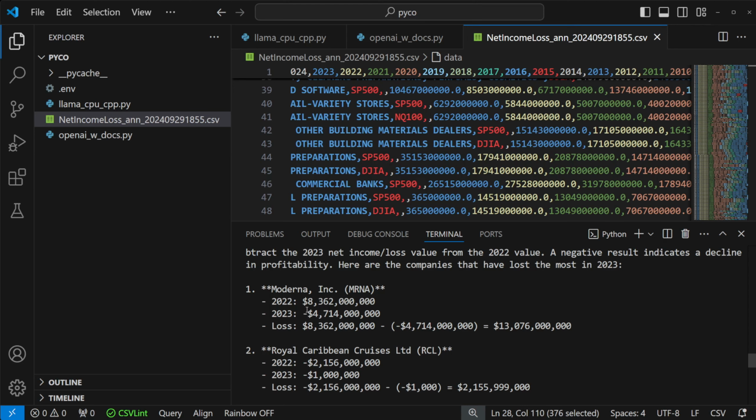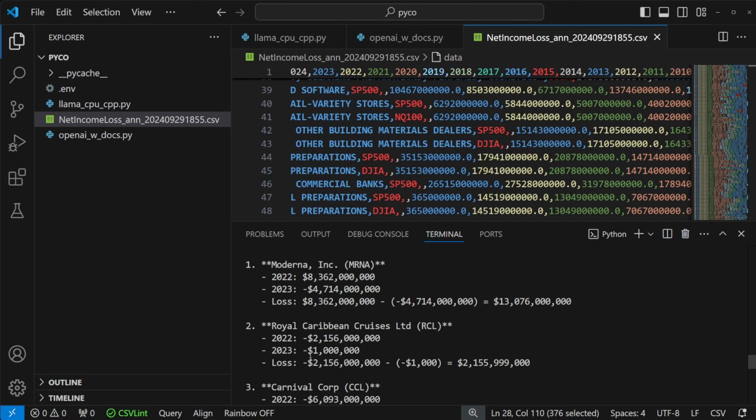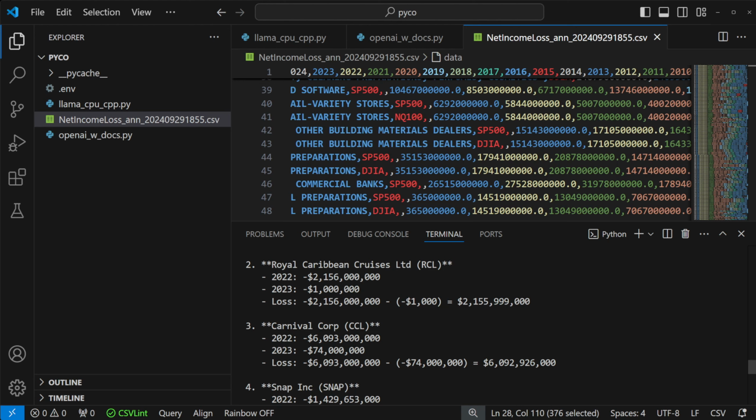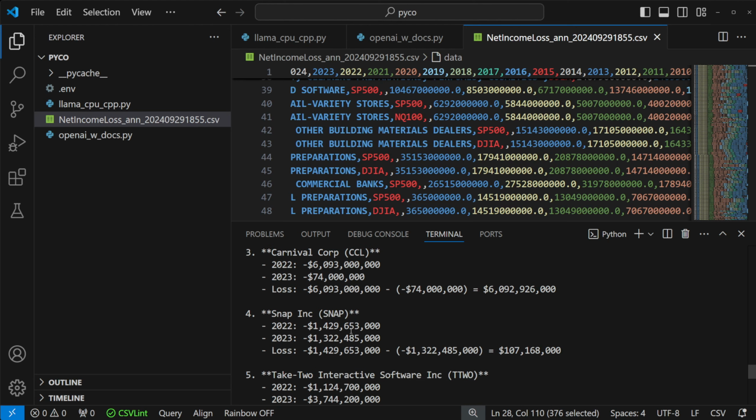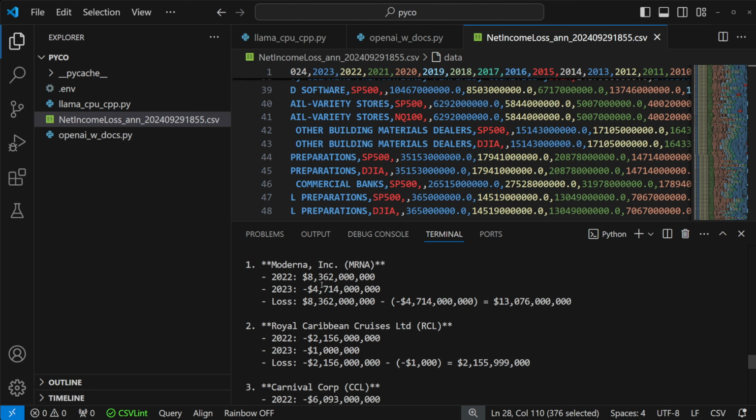All right. Okay. See, now we're talking. See, Moderna, Royal Caribbean, Carnival. I mean, maybe these aren't the biggest losers, but certainly, these guys didn't lose more year over year than, say, for example, Moderna.